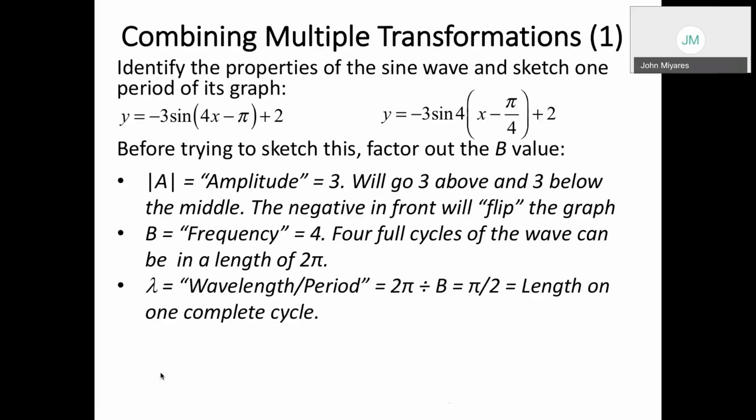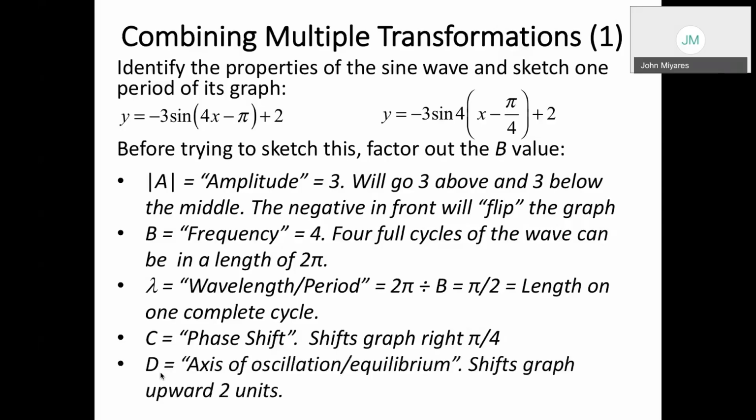The C value, the horizontal shift, the phase shift, will be pi over 4. Since we're subtracting pi over 4 inside the parentheses, we're going to move the graph over to the right by pi over 4 units. Finally, D, our axis of oscillation, will be at y equals 2, which means the entire wave has been shifted up 2.